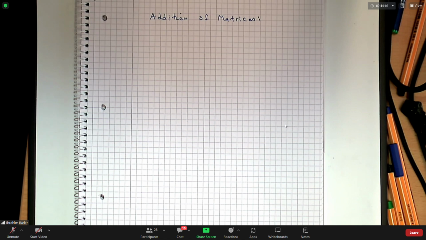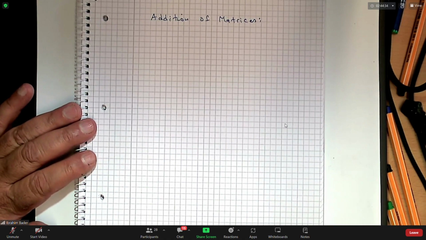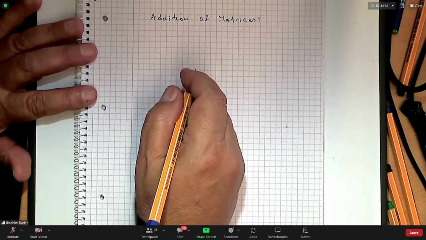For instance, if you sold 5,000 beef sandwiches from this location, you add it to the number from the other location. If you have chicken, you add it to the other, and so on. So this is how matrix addition is broken down in real life.